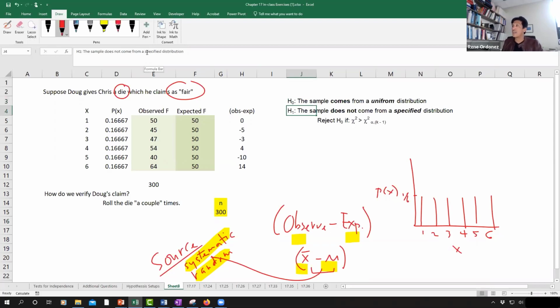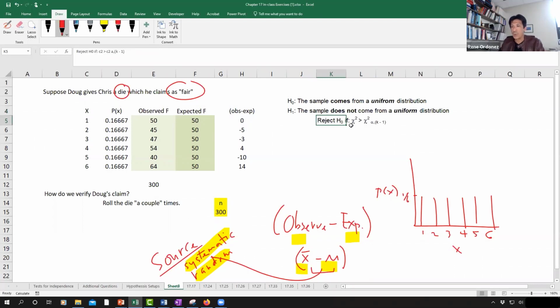Okay, I think we talked about that in the continuous probability distributions, where the shape of the distribution is rectangular. Okay. So the alternate hypothesis will say does not come from a uniform distribution.